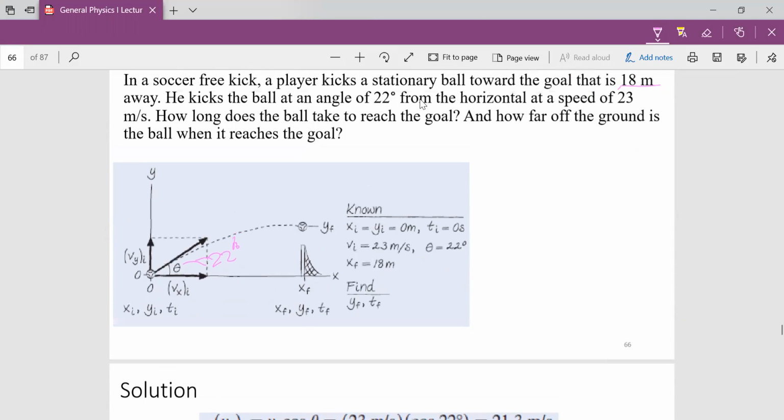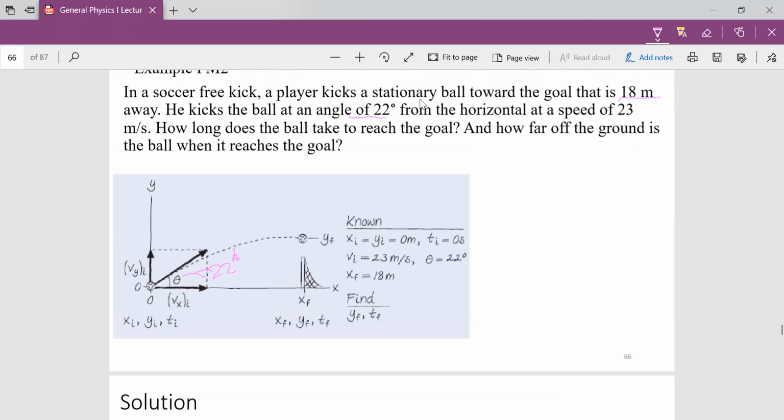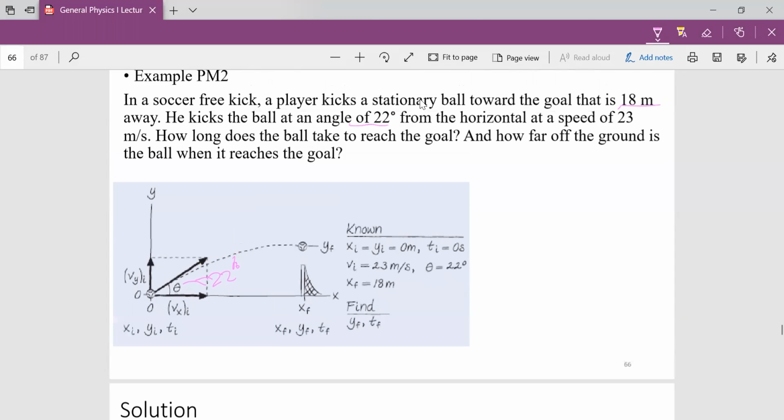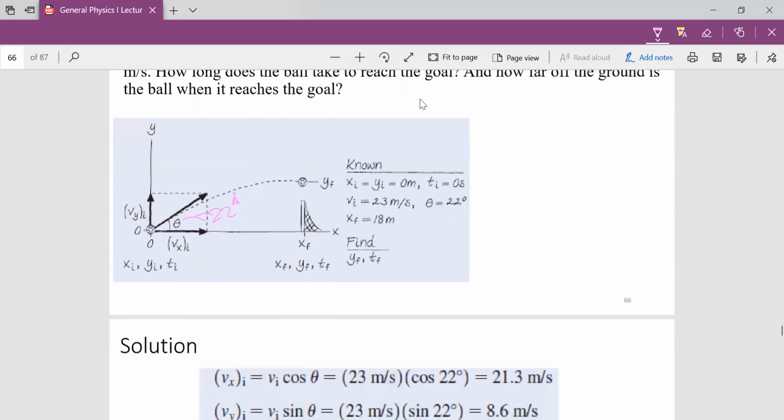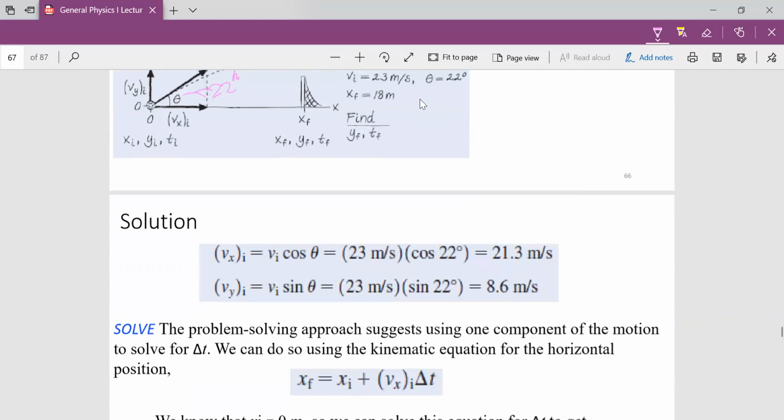From the specified angle of launch, we know that two things influence a projectile motion, which is the angle of launch and the initial speed. These are the two factors that determine the range of a projectile motion, which we will see when we start discussing range, okay?